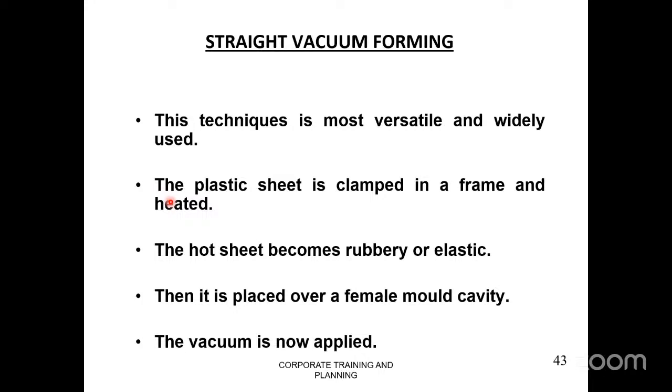We have seen yesterday this technique is the most versatile and widely used. Straight vacuum forming. The plastic is clamped in a frame and heated. The hot sheet becomes rubbery or pliable or elastic. It is placed over a female mold cavity and the vacuum is now applied.